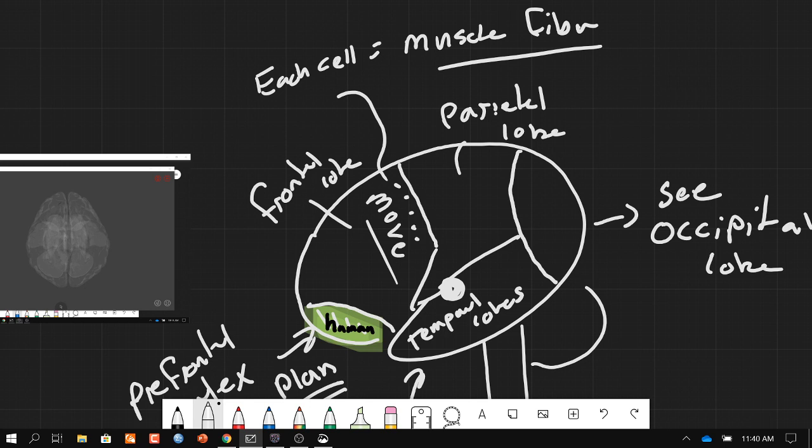But here's the problem. Even though all of our brains are exactly the same this way, what each cell does, so in the motor cortex, it's really easy to understand. Like, you have a huge hand in your motor cortex. You have a huge face in your motor cortex. Why would you have a huge hand and a huge face in your motor cortex? Especially your eyes.